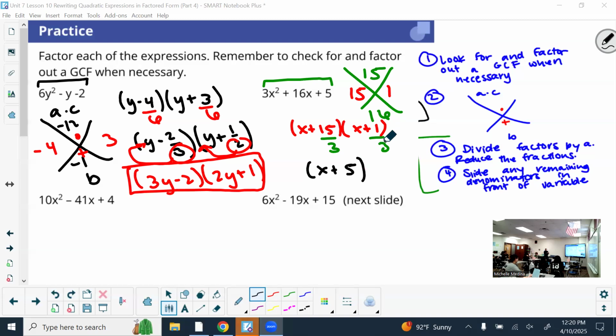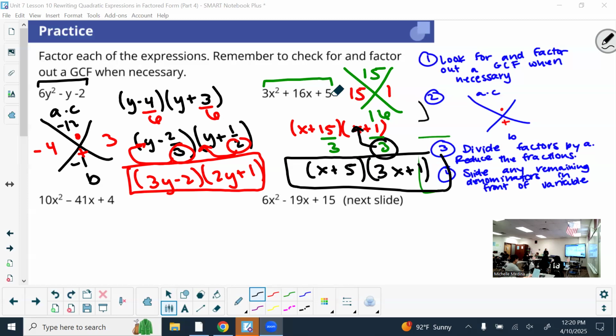So you slide that remaining denominator in front of the x, and that parentheses becomes 3x plus 1. And then when I multiply this out, now I'm getting my original. Now I'm getting the 3x squared, and then eventually I'll get the 16x. It would be 1x plus 15x, so sounds familiar. And then the last term, 5 times 1 is 5.